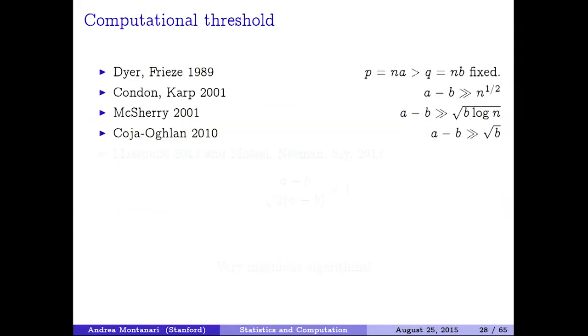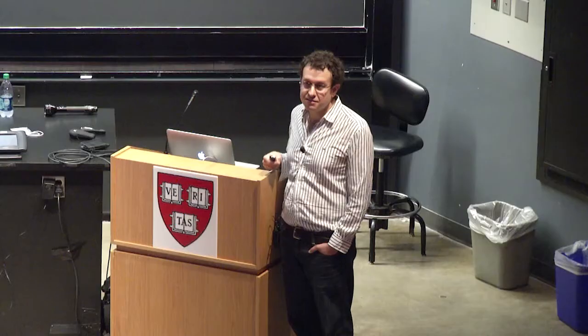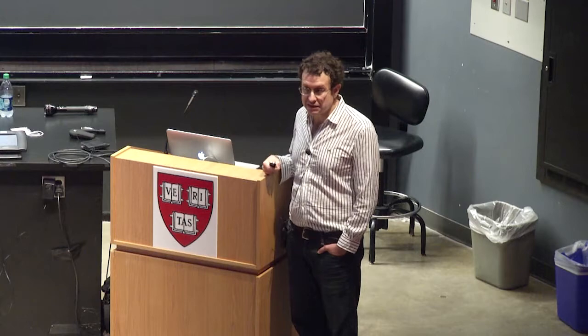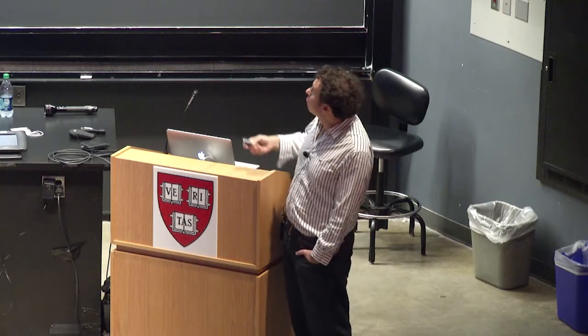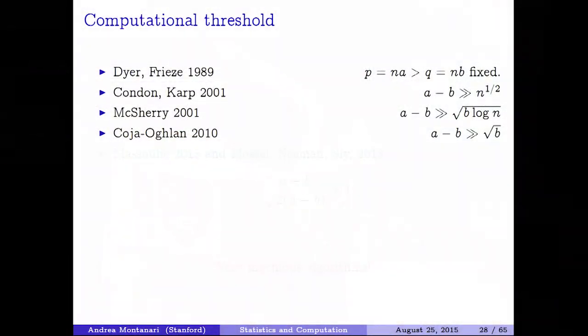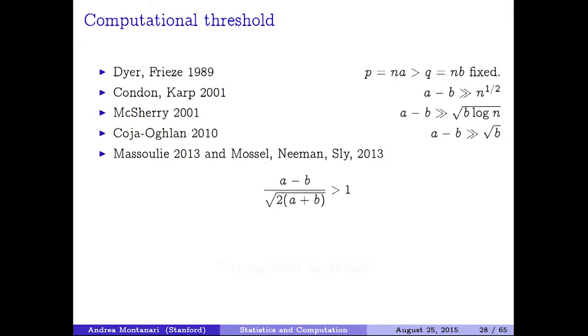The situation took more time, or is more complicated mathematically, for settling from a computational perspective. Earlier work was by Frieze, Dyer, and Karp, and proved that basically if p and q are distinct, then you can find the partition asymptotically.